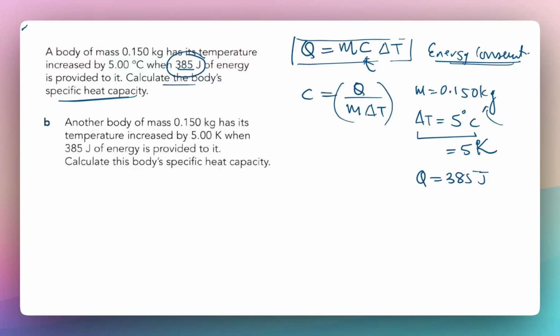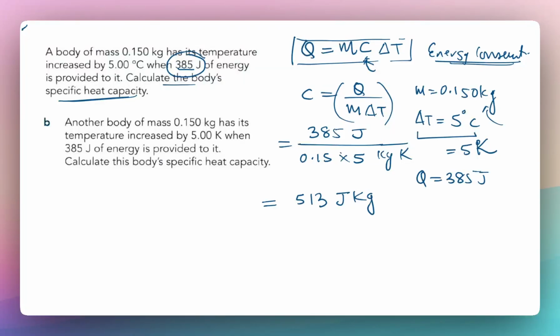So we are simply going to plug it over here. It's going to be 385 joules over 0.15 into 5, so that's going to be kilogram and then Kelvin. So when you do the math, it is going to turn out to be 530 joules per kilogram per Kelvin, and that is what is going to be our answer for this.